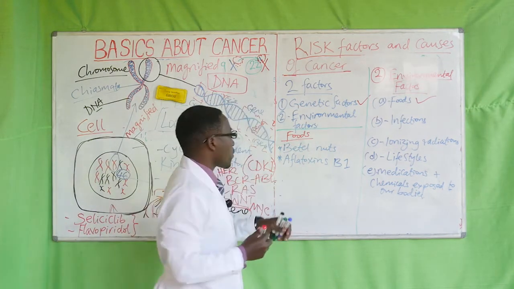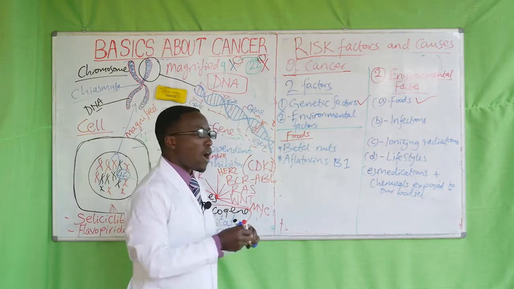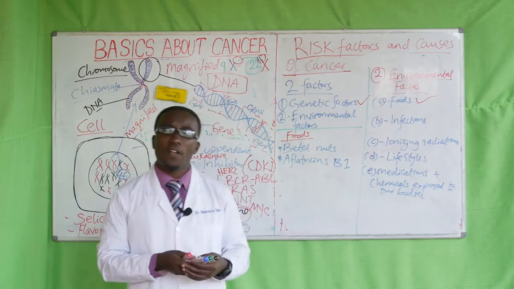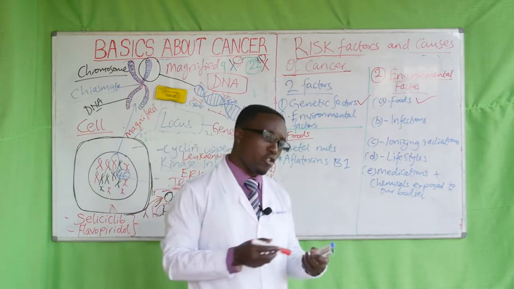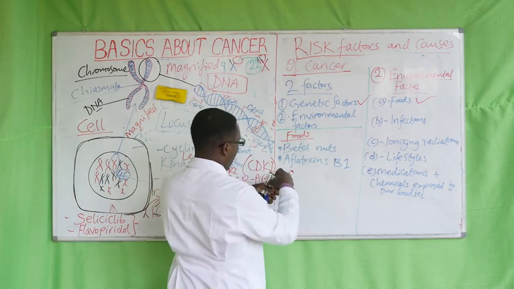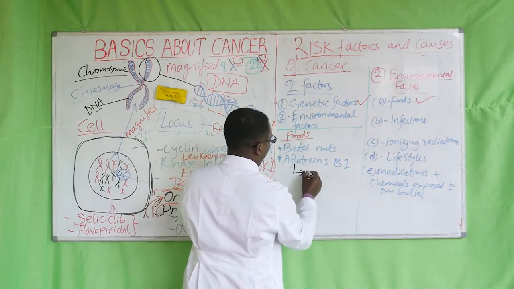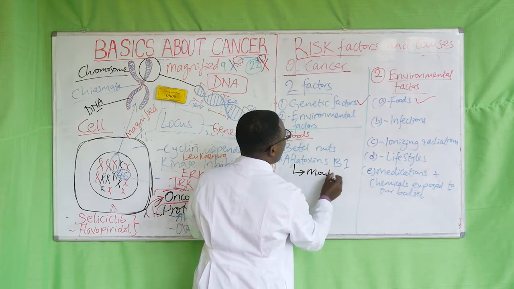Now, what are aflatoxins? Aflatoxins are chemicals that are produced by a certain mold. You know molds? It comes from a mold.